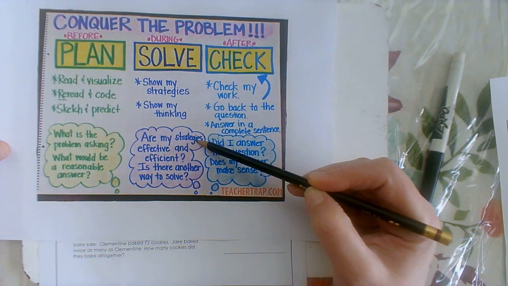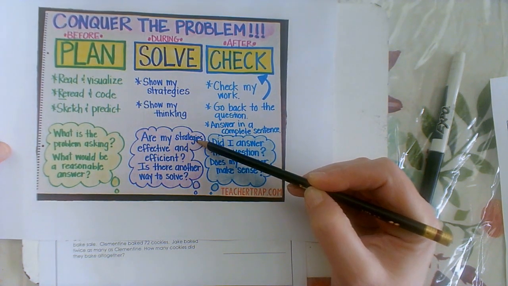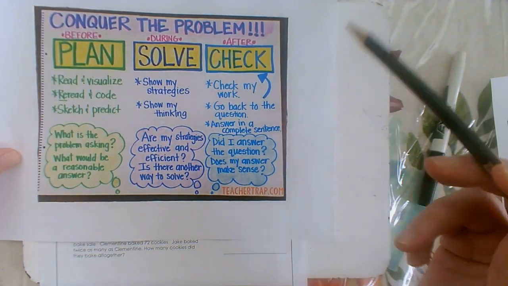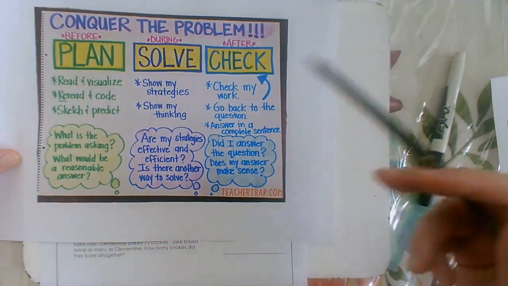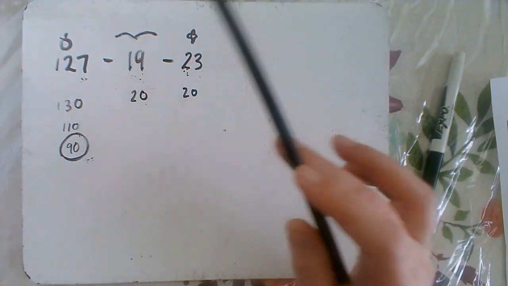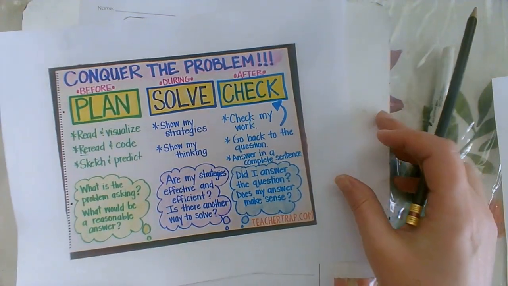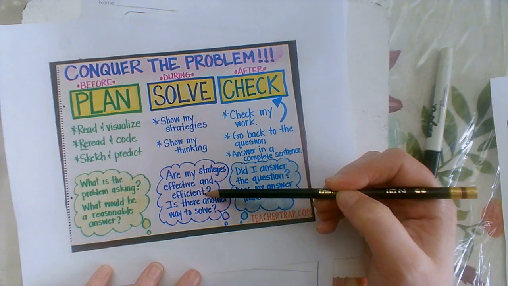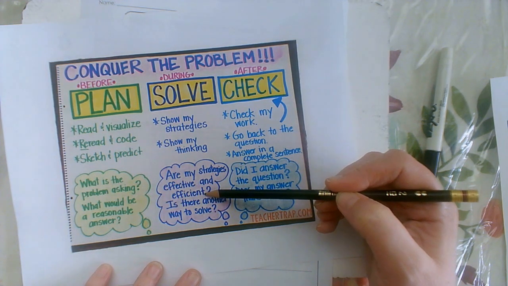For example, I could draw 127 tomatoes and then cross out 19 and cross out 23. So 19 that the birds ate and 23 that the bugs were in. But that's not very efficient because that's going to take me a really long time.